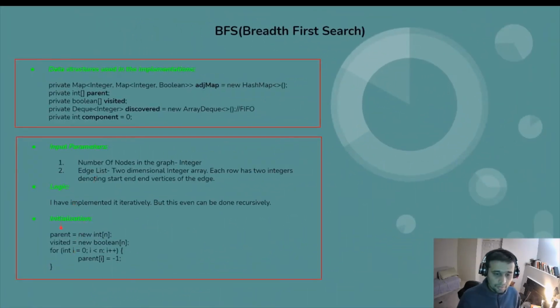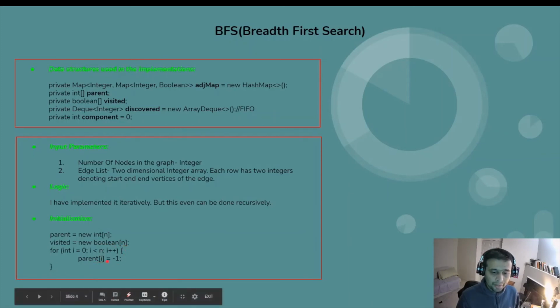And this is how I am initializing the different arrays. The parent array will have the size of the number of nodes. The visited array as well will have the same size as the number of nodes. And the parent array, I will initialize all the values with -1.